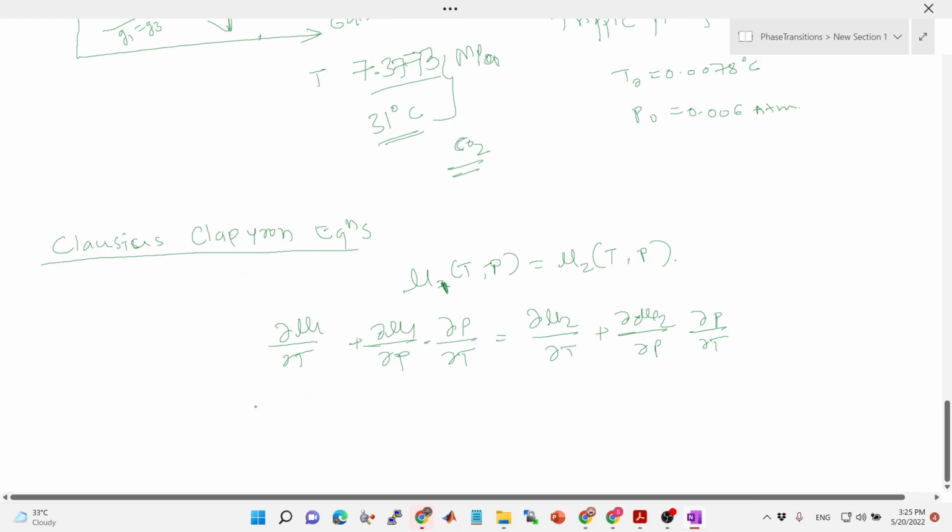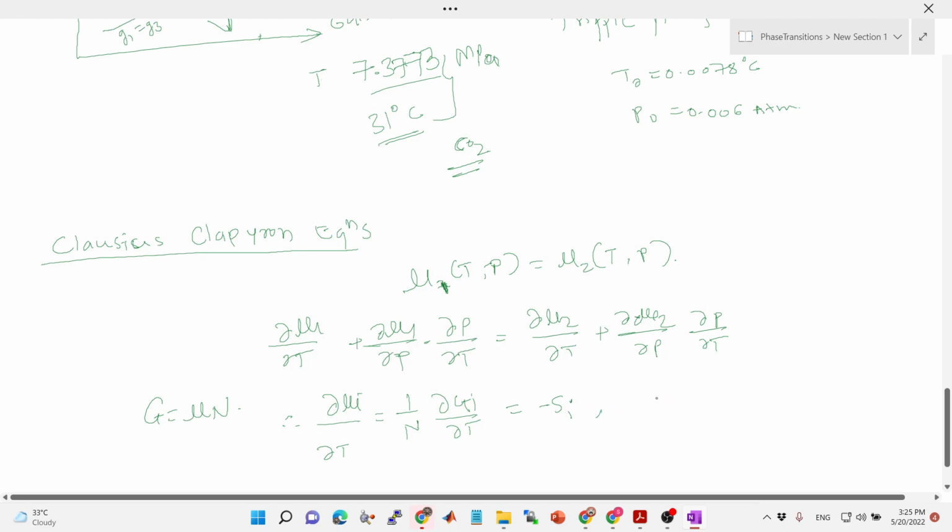And we also know that G is equal to mu times n. Therefore, the same equations we can write as delta mu i upon delta T will be equal to nothing but 1 by n delta G i upon delta T, which is nothing but the entropy which we have shown in the previous section.